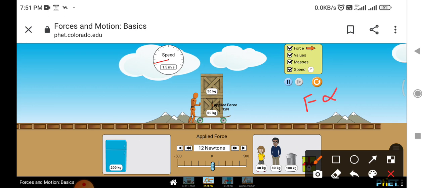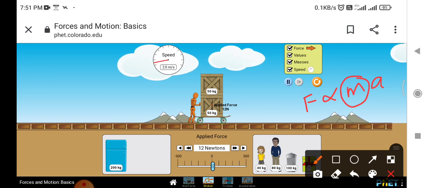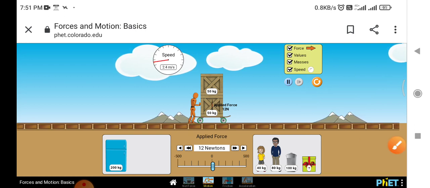So the force is directly proportional to ma. If the mass is more, the force needed is also more.